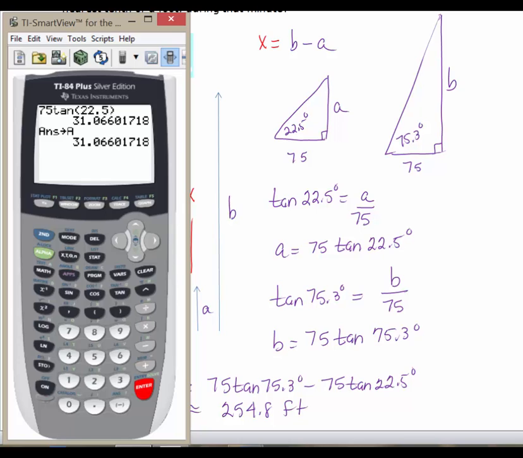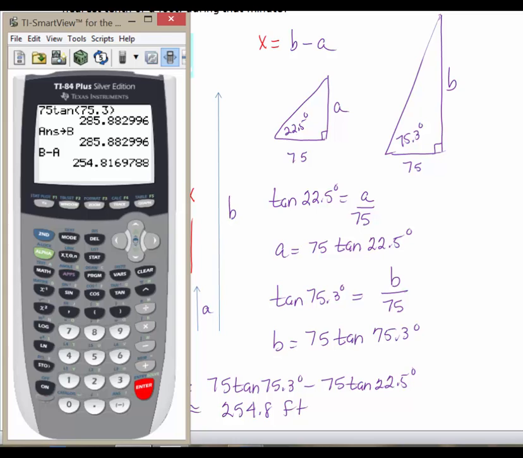And then I want to do 75 times the tangent of 75.3 degrees, and I want to store that value in alpha B, and alpha B is right above the apps key, and we hit enter. And so now that I have those values in there, I can just hit alpha B minus alpha A, and I get the same exact answer I got by typing them directly in.